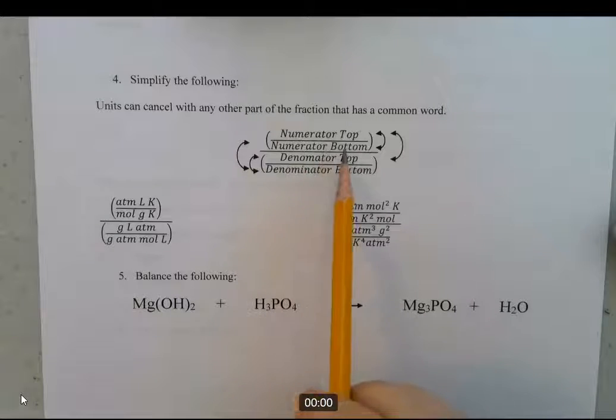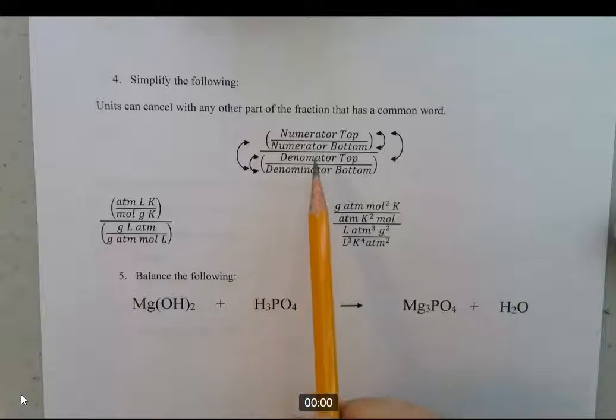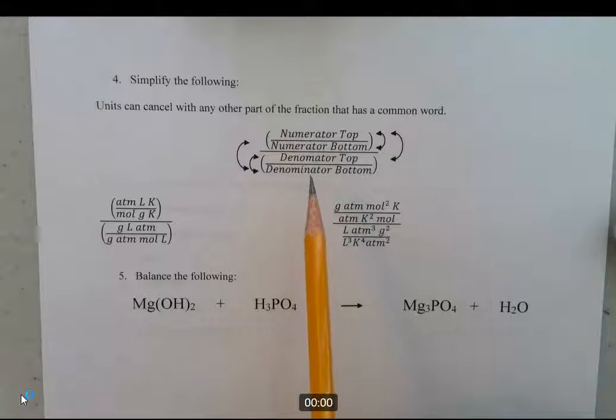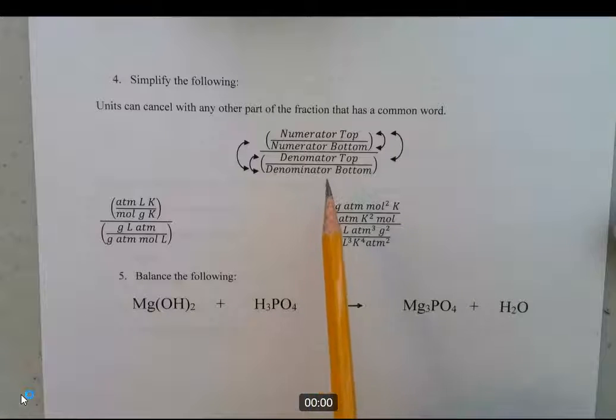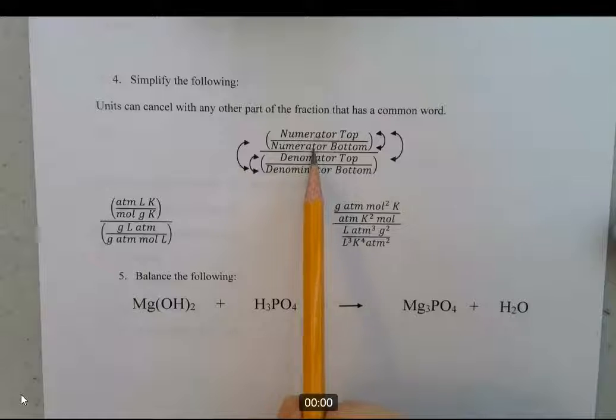If you learn these names, any place you see a common name is a place where you could cancel a variable. So just take liters, for example, as a unit of measure that we may need to cancel. Numerator top can cancel if there's liters there, you can cancel with liters in numerator bottom because they have the word numerator in common.